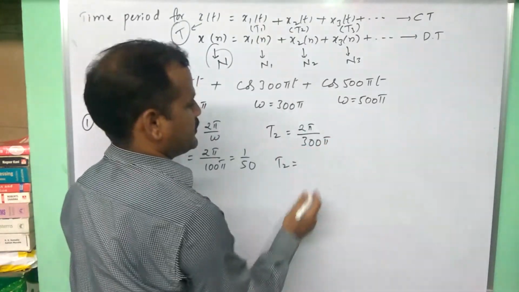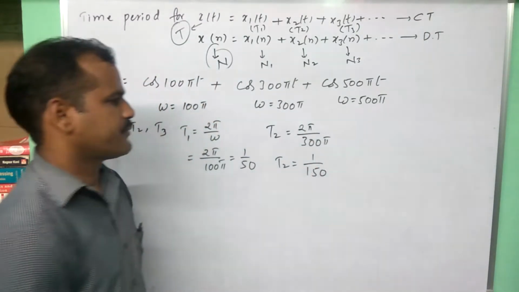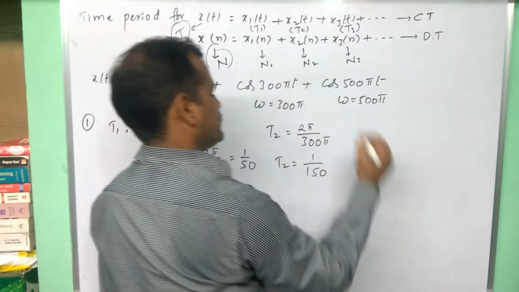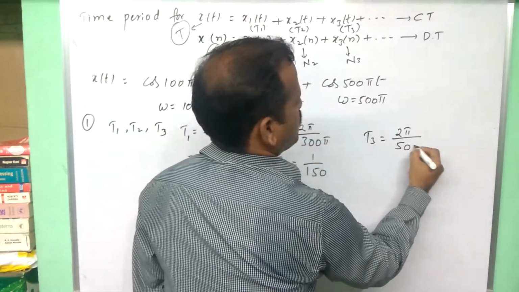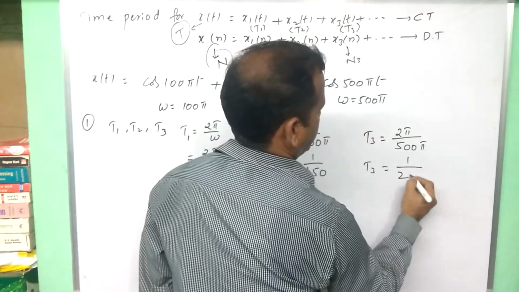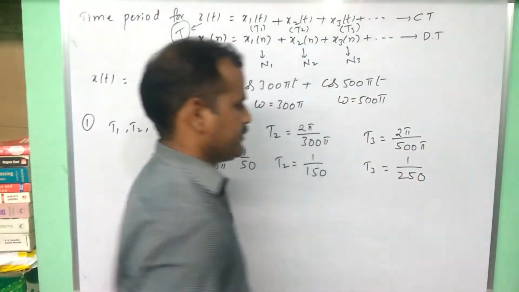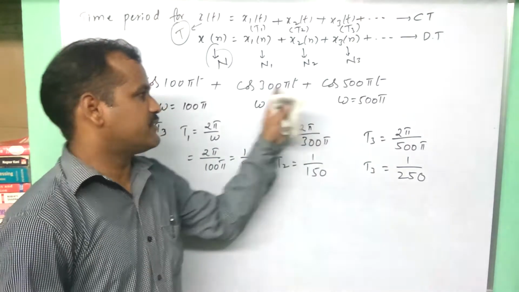That means T2 is 1 by 150. Similarly, the third signal time period T3 is 2 pi by 500 pi, that means T3 is equal to 1 by 250. Fine. We got the individual time periods for the given signals.